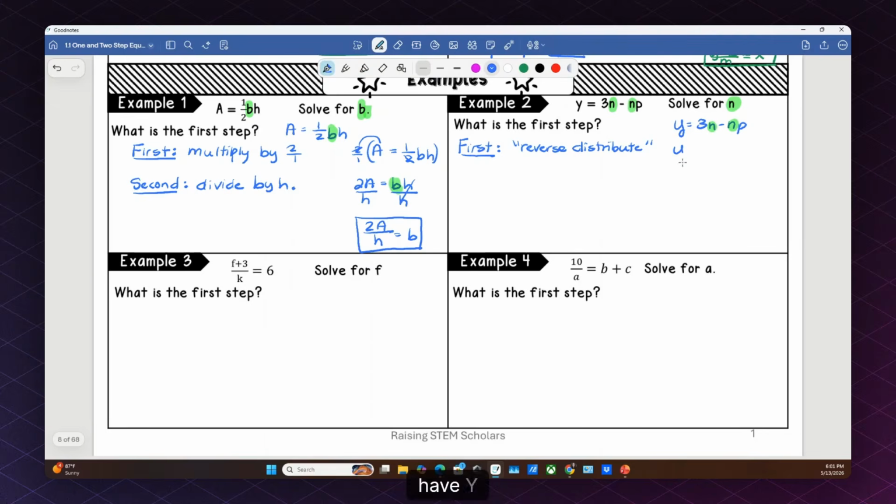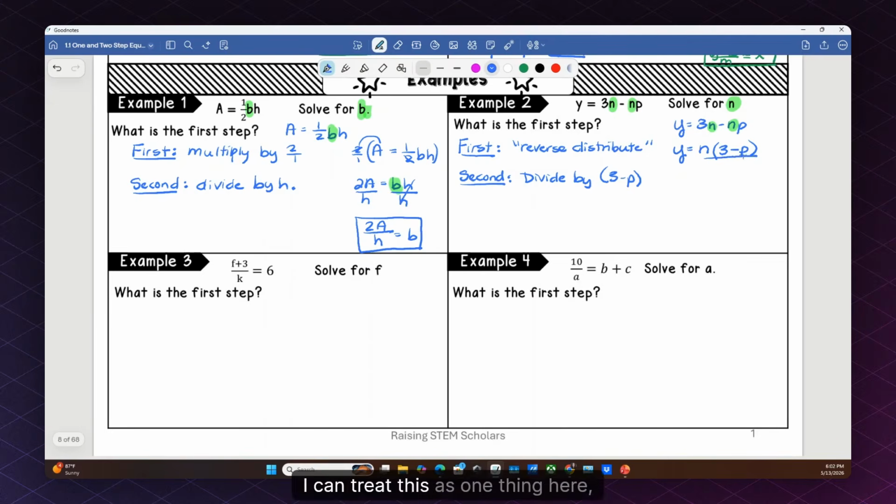We can have y equals n parentheses. If we pull that n out, the 3 is what's left over, and then minus p, that's what's left over. Okay, so we pulled out that n, and then second, we can divide by 3 minus p. I can treat this as one thing here because it's in the parentheses together.